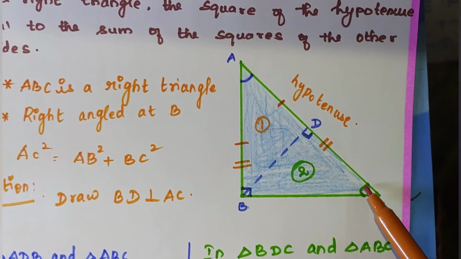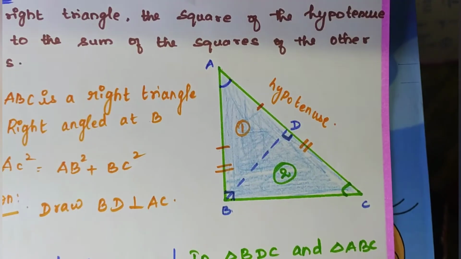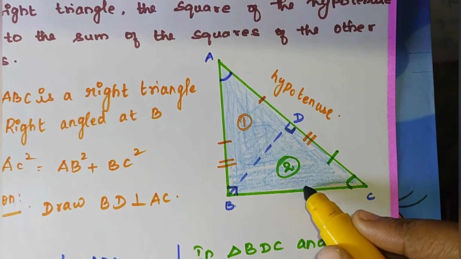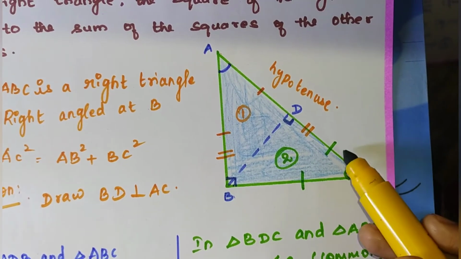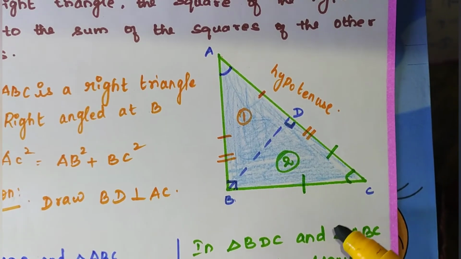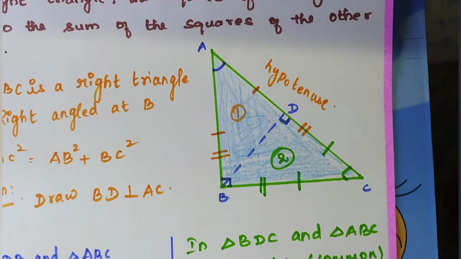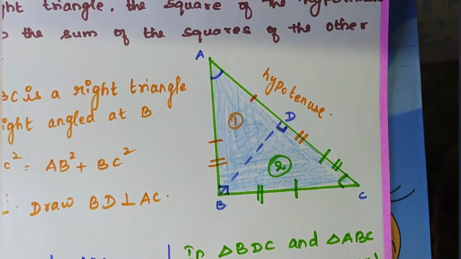Where is DC? DC divided by BC, this one. And these two sides are proportional to BC to this full side AC. Clear?